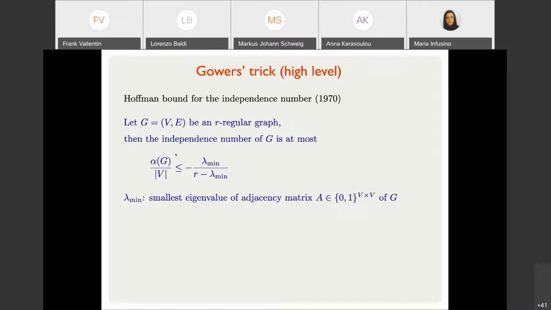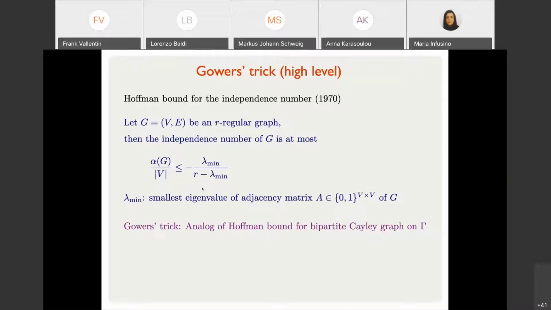We take the independence number alpha divided by the number of vertices in the graph, so it becomes a density, the independence density, lying between 0 and 1. And this is upper bounded by minus lambda min divided by r minus lambda min, where lambda min is the smallest eigenvalue of the adjacency matrix of the graph. And this is negative, so indeed it's an interesting upper bound. Okay, so that's the Hoffman bound for the independence number.